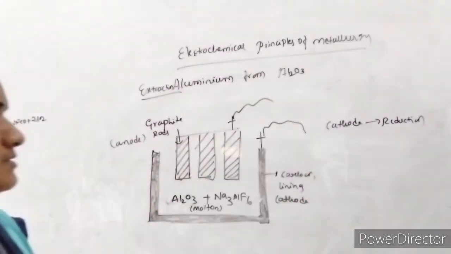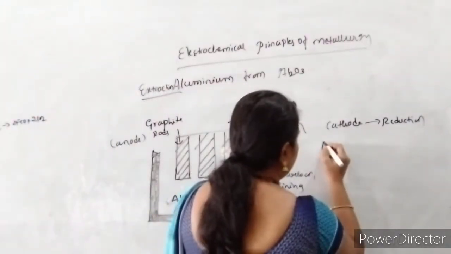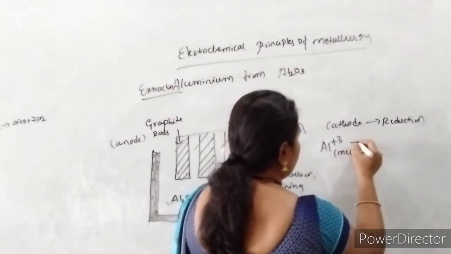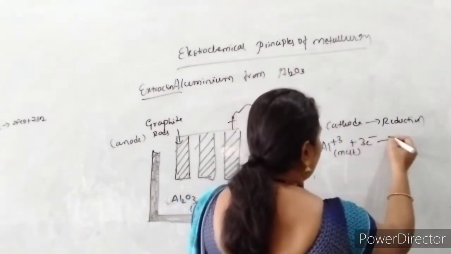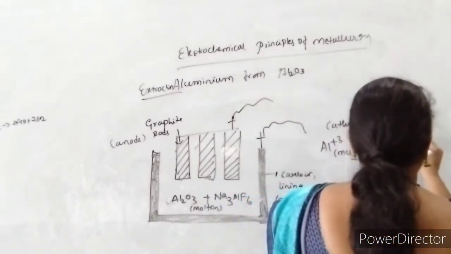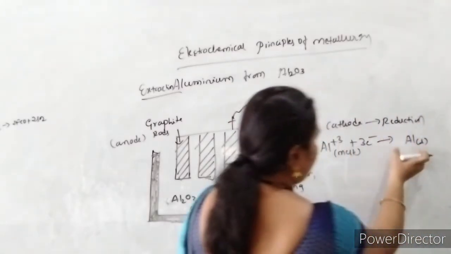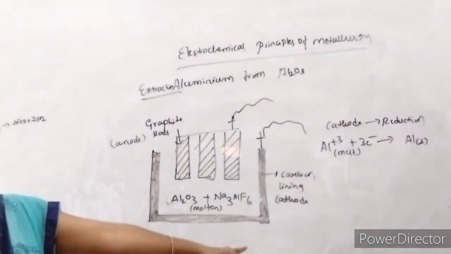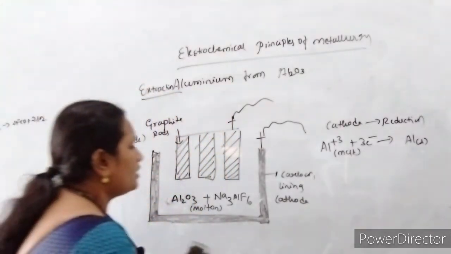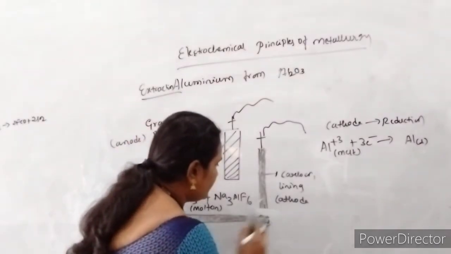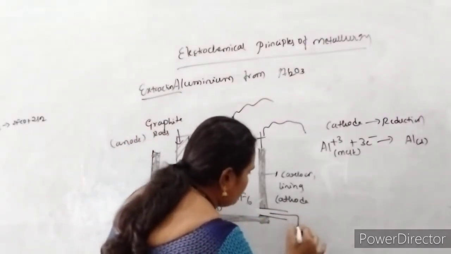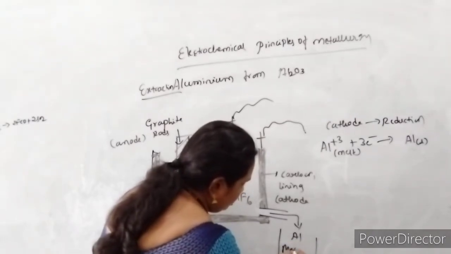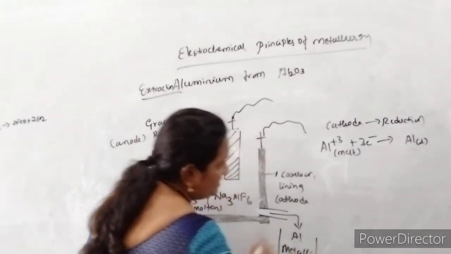So at the cathode, the aluminium ions from the melt gain 3 electrons and form metallic aluminium. In this way, we get the pure aluminium, which is collected at one of the outlets. We get the metallic aluminium in the liquid state only.